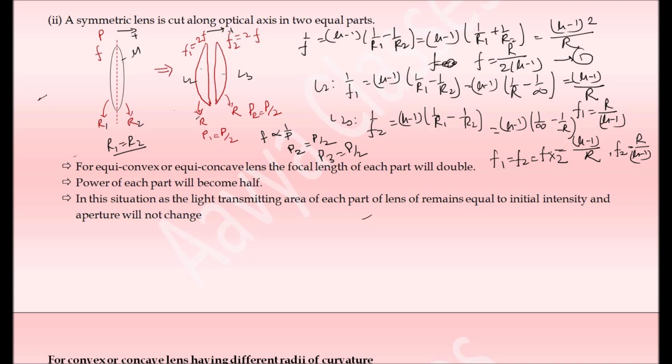And in this case we also see that the aperture will be the same, that is, the light transmitting area of each lens will be the same as the original lens, and because of that we get an image of equal intensity. That is, there is absolutely no reduction in the intensity of the image if we consider the image through the original lens and the image through each cut lens. So in this case the power or focal length changes, however the intensity of the image will be the same, and the aperture will remain the same.